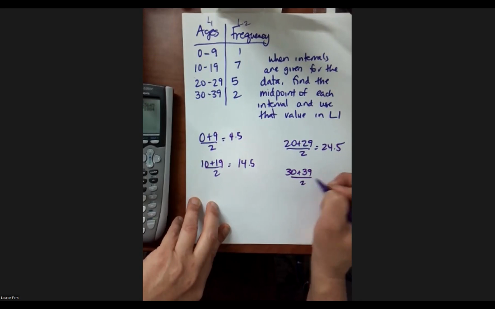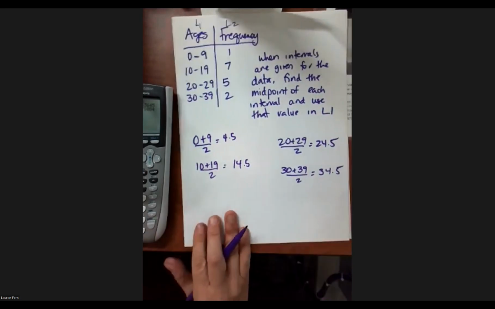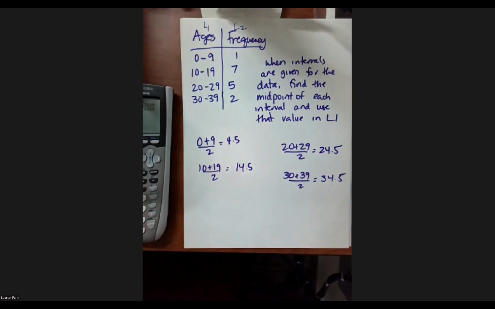And 30 plus 39 over 2 is 34.5. Now notice, this is not going to be a precise calculation, but we weren't even given precise values anyway. So we can be pretty good with the fact that we're just taking the midpoint of that interval. You with me there? Awesome.